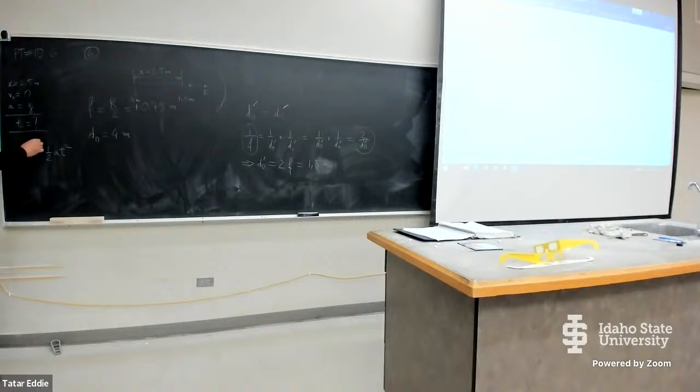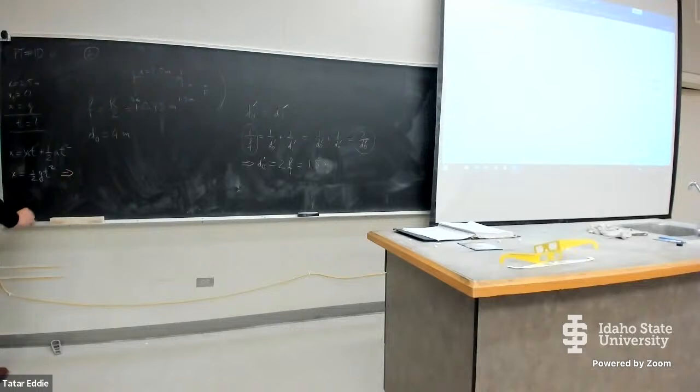For us, since v naught is 0, the first term goes away. The acceleration is positive 9.8. So you get displacement is 1/2 times g times t squared.